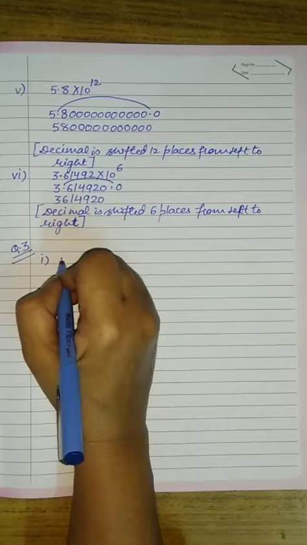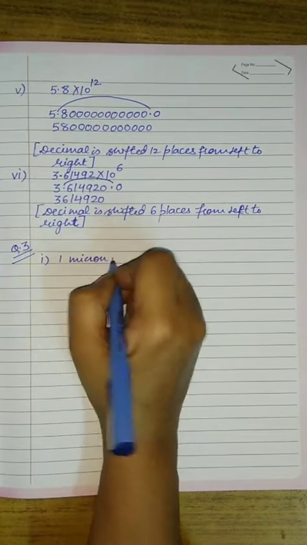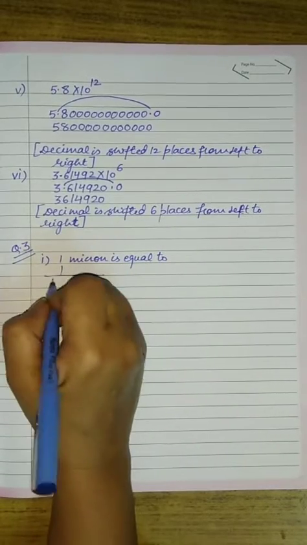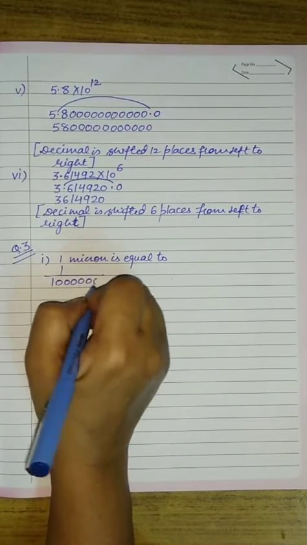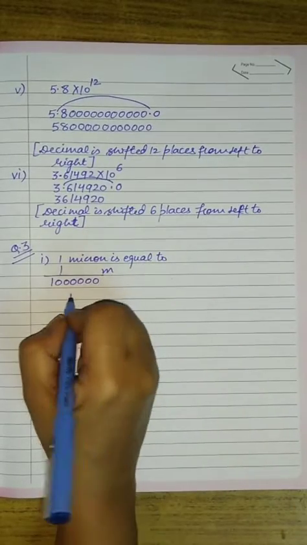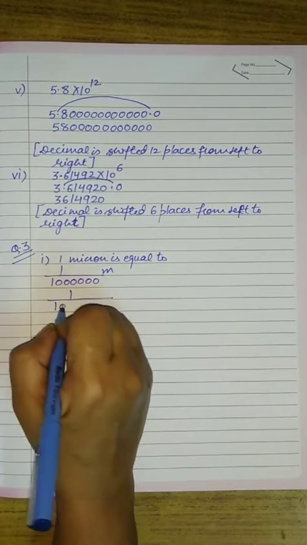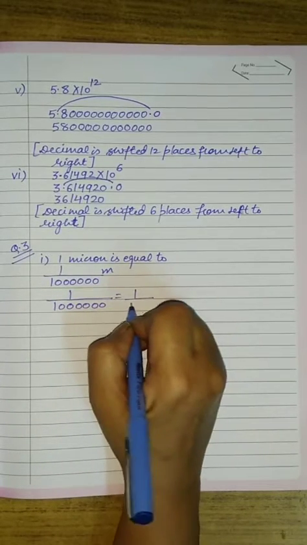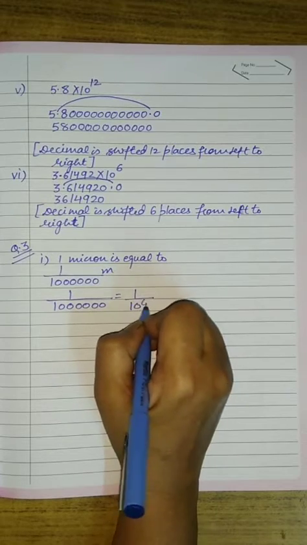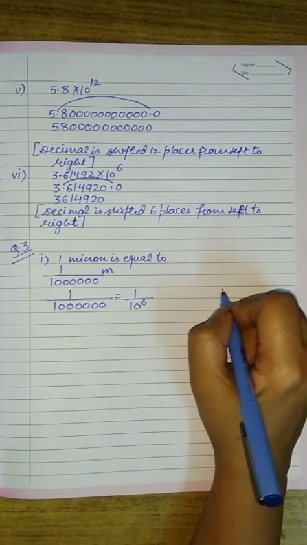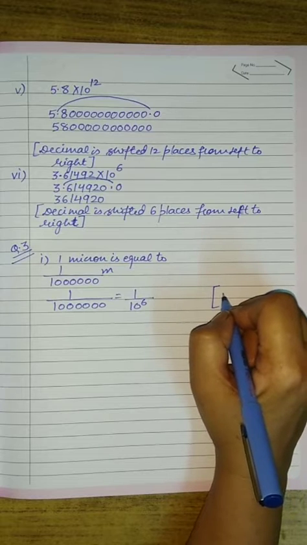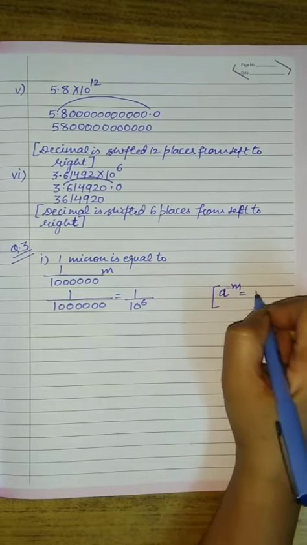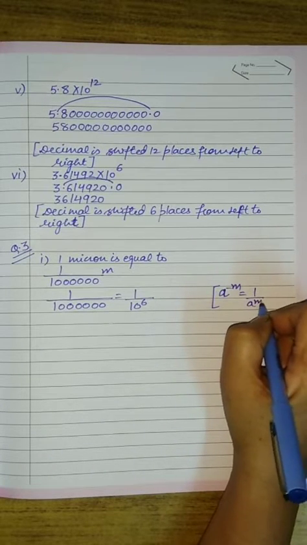So first part is 1 micron is equal to 1 upon 10 lakh meter. Now the number given is 1 upon 10 lakh. Now it will be written in powers of 10, that is 1 upon 10 raised to power 6. Now I will use here the law of exponent: a raised to power minus m is equal to 1 upon a raised to power m.